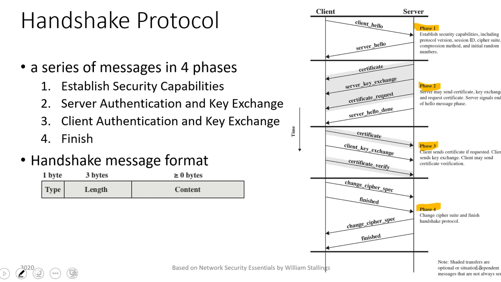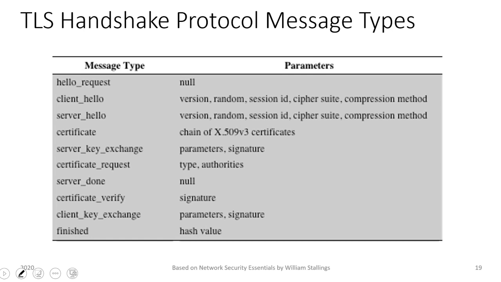The handshake protocol messages are fairly simple. They specify the type of the message, the length of the message, and whatever content is included as part of the message. In terms of the types of messages that can be sent, there are hello request, client hello, server hello, certificate, server key exchange, certificate request, server done, certificate verify, client key exchange, and finished.